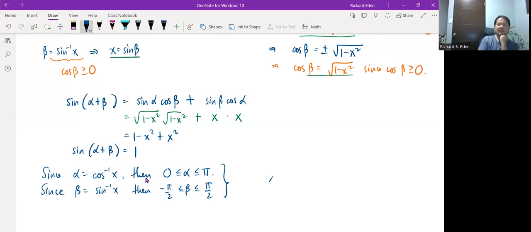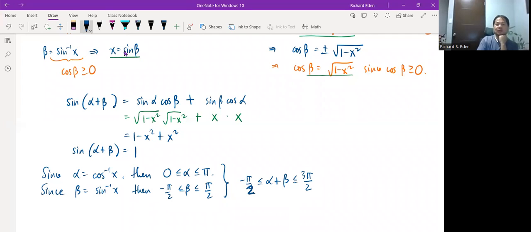These imply that alpha plus beta is from negative pi over 2 until 3 pi over 2. Sorry, negative pi over 2.